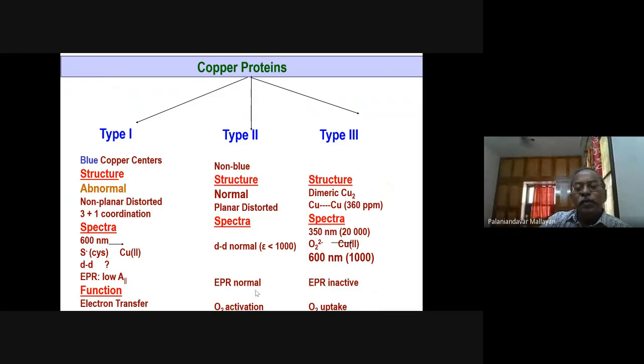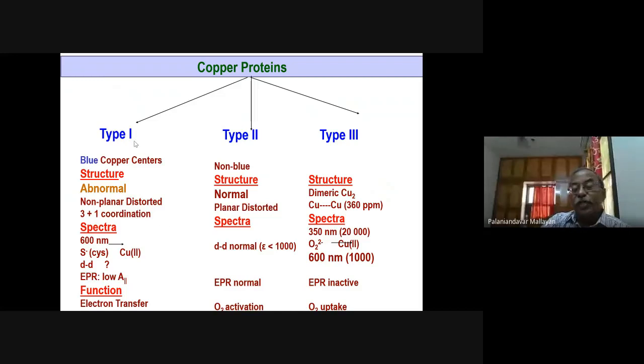So you can notice that based on the structures, the copper proteins can be classified into type 1 and type 2 structures. That is based on the active site structures. So copper proteins can be classified based on either structure or spectral properties.